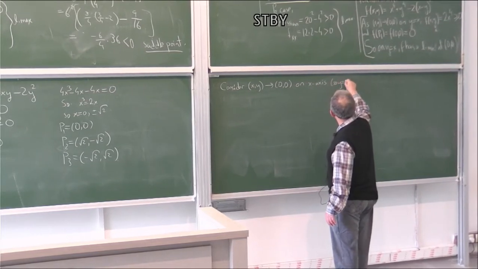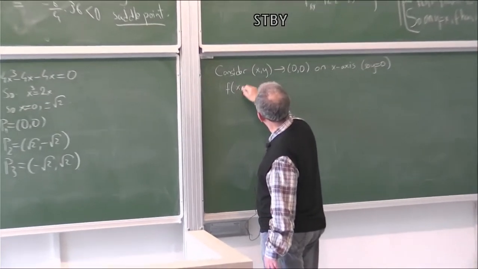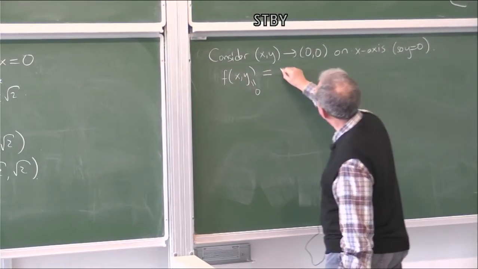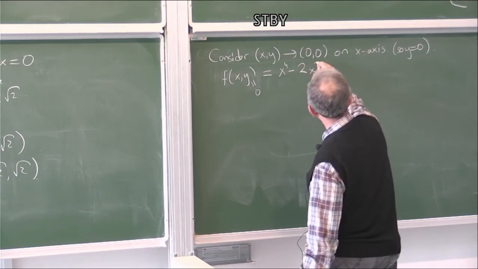So y is 0. Then f(x, y), where of course y is 0, would be x to the fourth minus 2x squared.